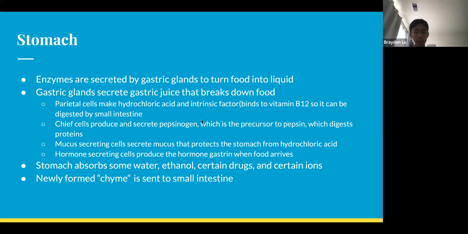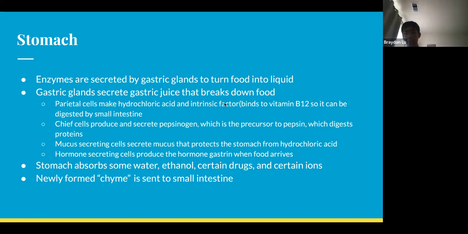Next, we have the stomach. The stomach is where a lot of the digestion takes place. First, enzymes are secreted by gastric glands to turn food into liquid, and gastric glands are made up of a lot of cells that have different functions. There are parietal cells, which make hydrochloric acid and intrinsic factor.